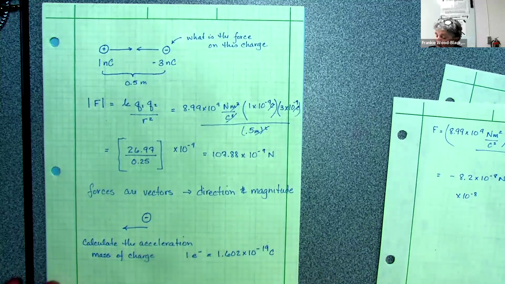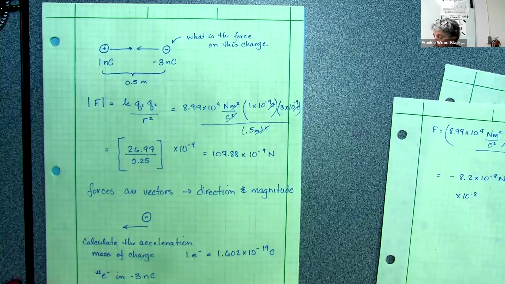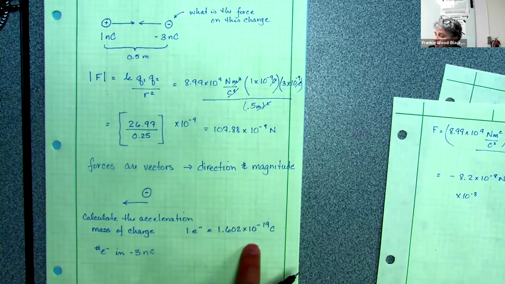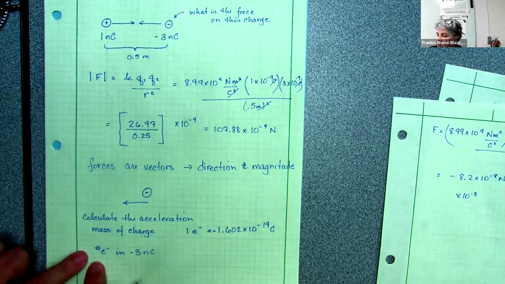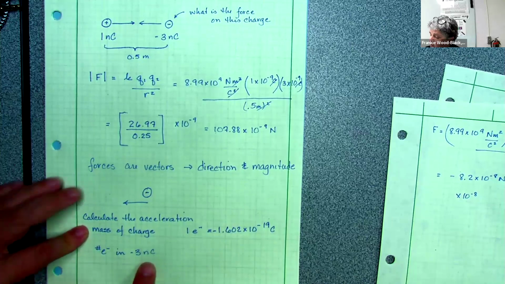I need to know how many electrons I have in 3 nanocoulombs. Okay. So 1 electron is 1.6 times 10 to the minus 19, negative, because there's my negative. But I need the number of electrons in order to determine the mass. I need the number of electrons.